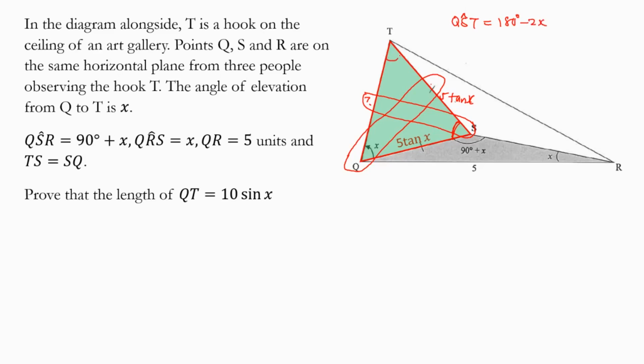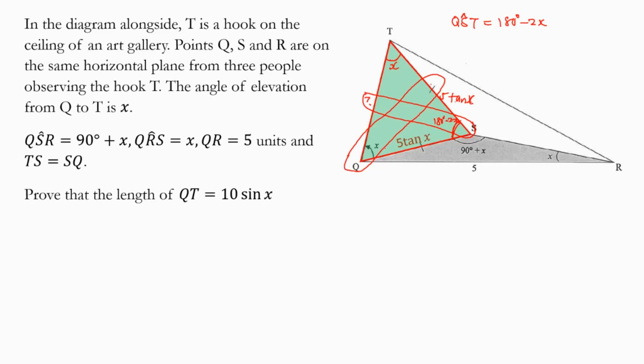Because angle T there is also equal to x, because these are angles opposite equal sides. You can even write those reasons. Then x plus x is 2x, and we subtract from 180 degrees because of the interior angles of a triangle, or angle sum in a triangle. So 180 minus 2x here.